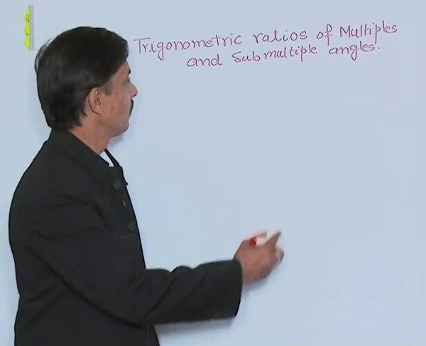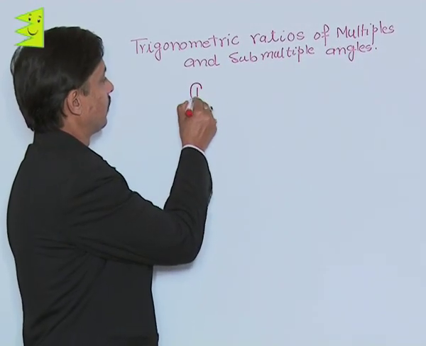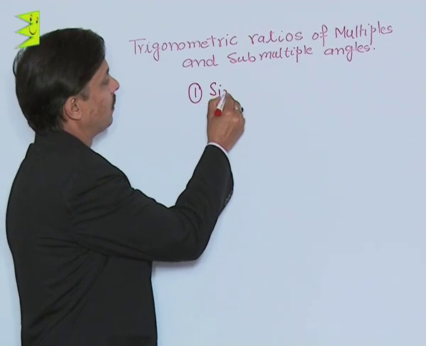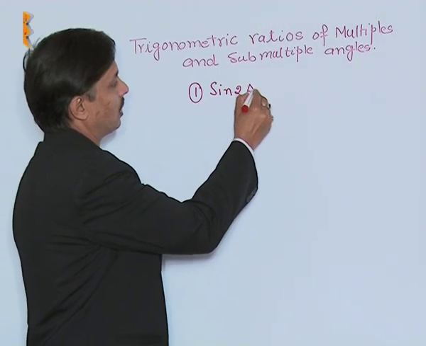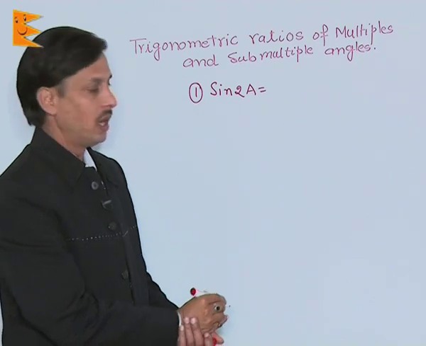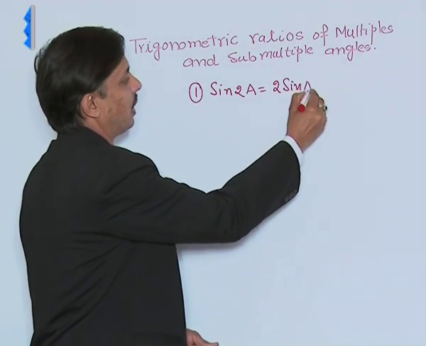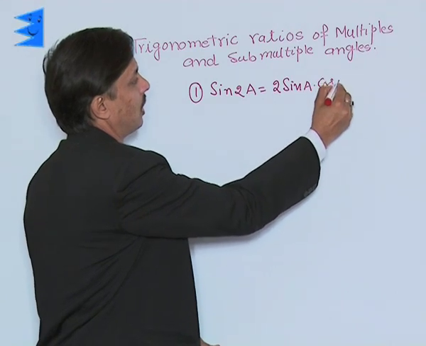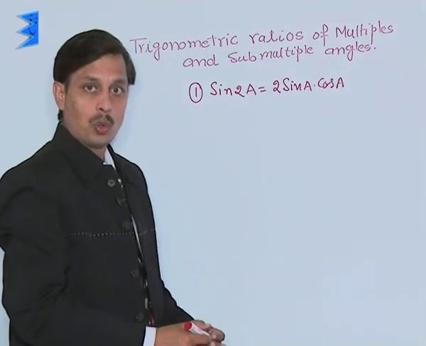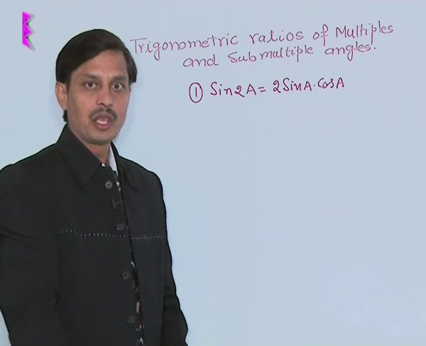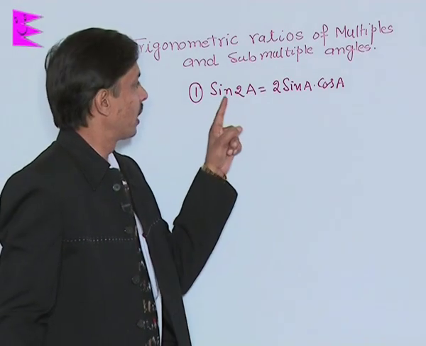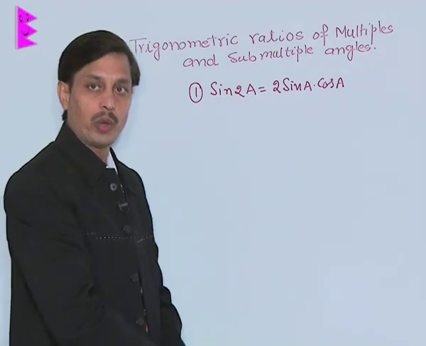The first result is sine of 2a. Sine of 2a is given by the result 2 sine a into cos a. 2 sine a into cos a is the formula for calculating the value of sine 2a.